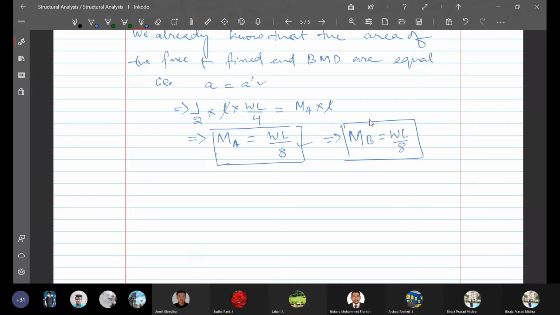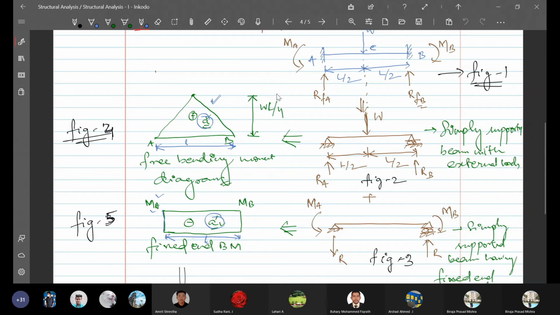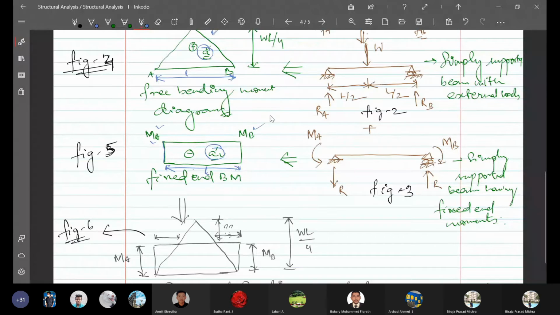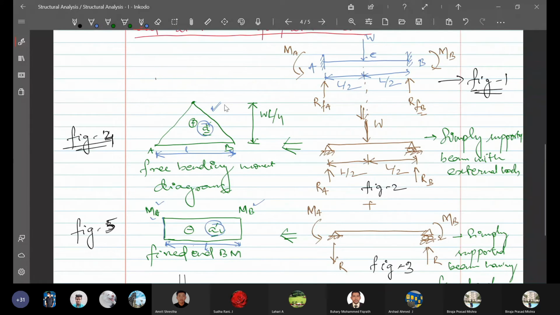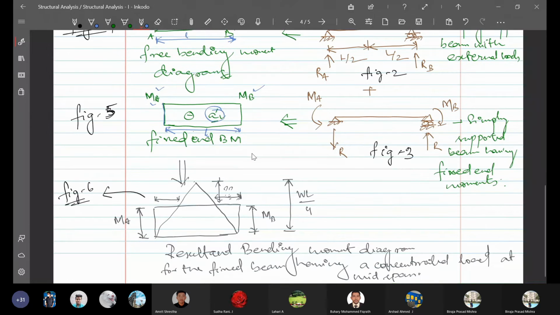Okay, so what will be the bending moment? We have found out, or we already know this value: the maximum bending moment is WL by 4 for a simply supported beam having a concentrated load at the mid span.